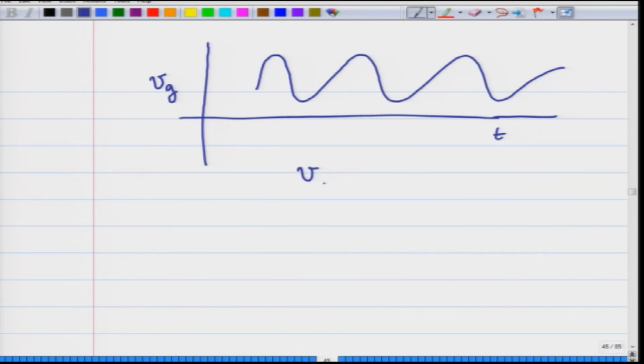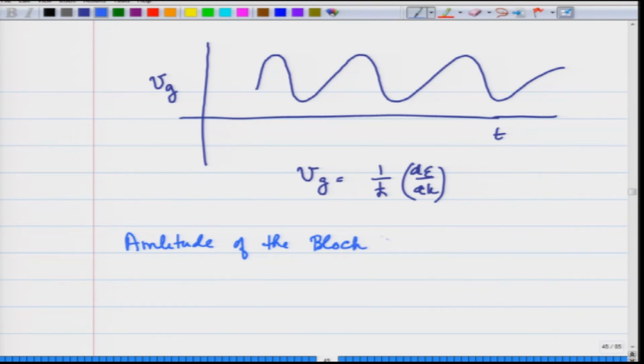This is precisely what you expect from 1 over h cross dE by dk in a band, and I had plotted this velocity yesterday. And finally, they also measured the amplitude of the Bloch oscillations, and I will give what the amplitude should be as an assignment problem to you.